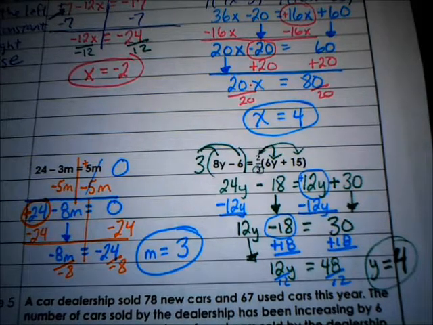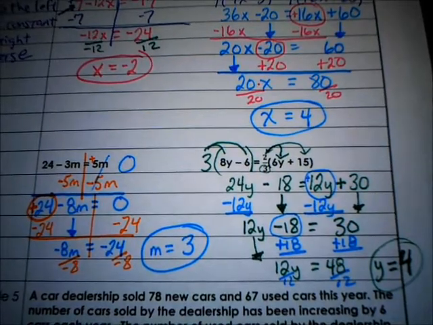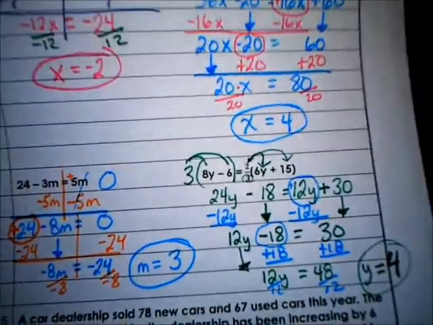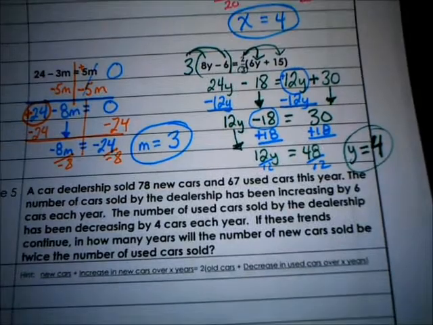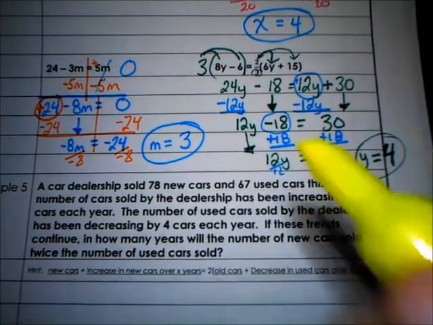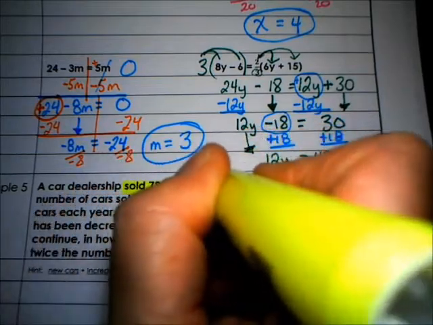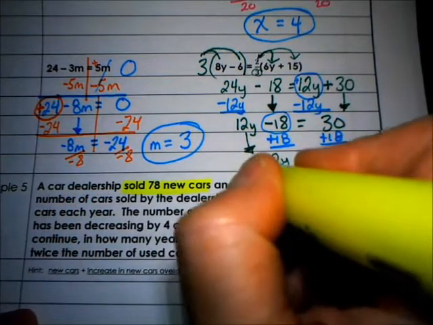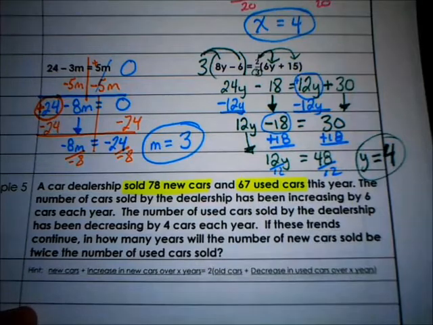Okay, if I look at number 5, here's a word problem. It says a car dealership sold 78 new cars and 67 used cars this year. The number of new cars sold by the dealership has increased by 6 cars each year.